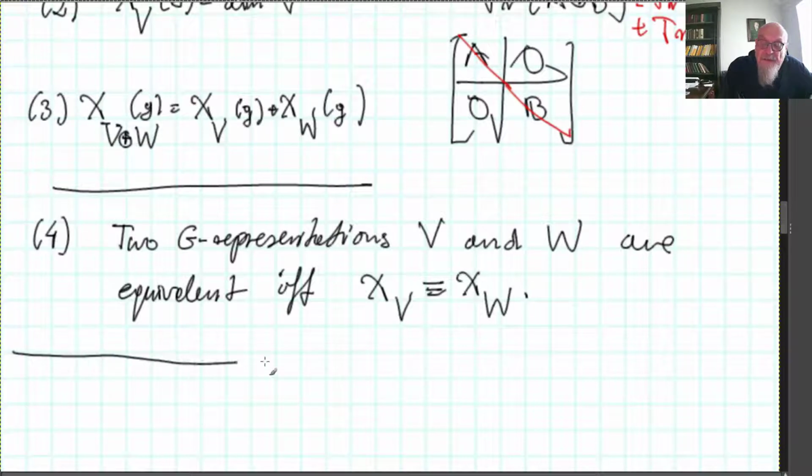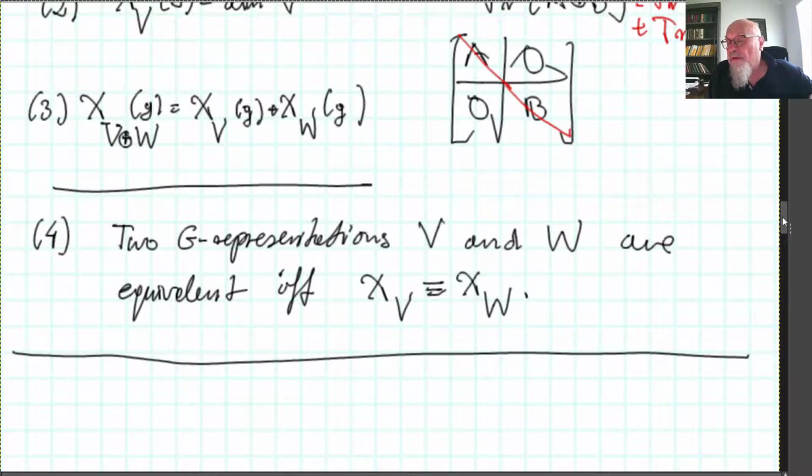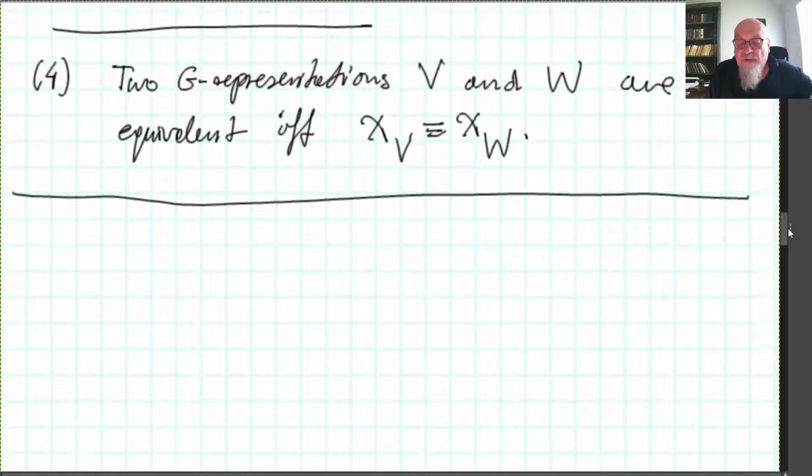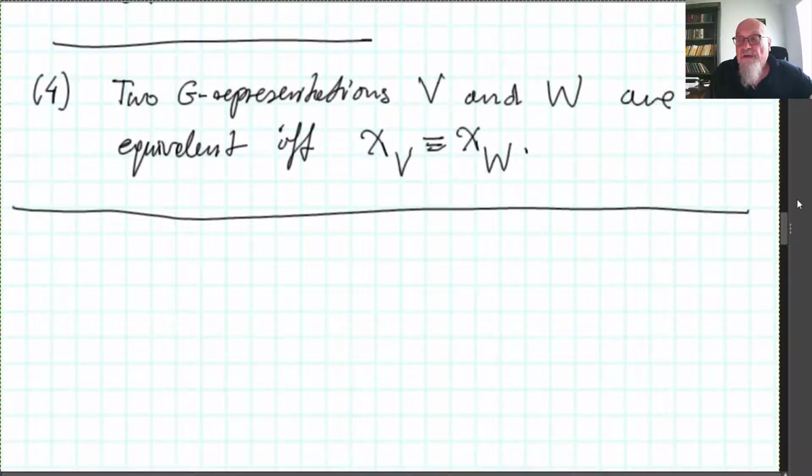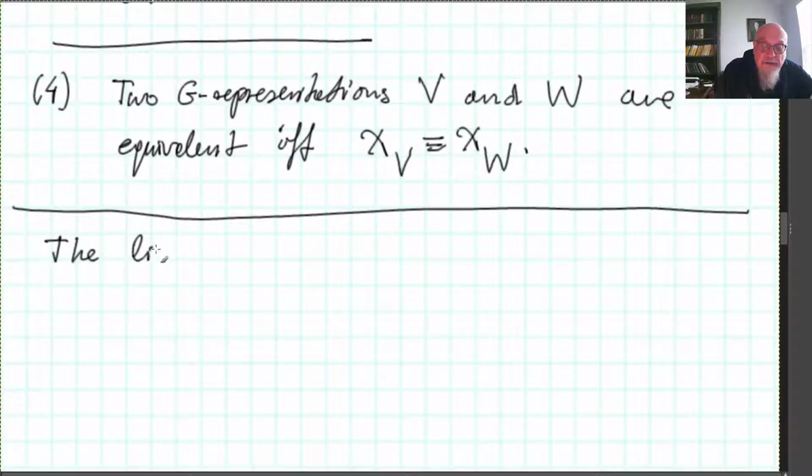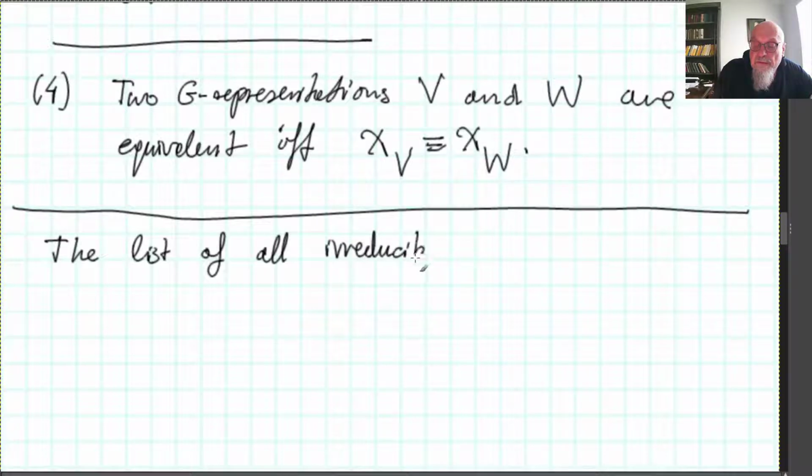And let me return to our problems of the degrees that we were talking about, especially the formula that we derived for the computation of the G-equivariant degree of the linear map. In this case, we need to construct the list of all irreducible G representations.